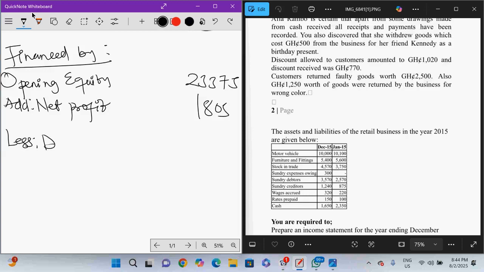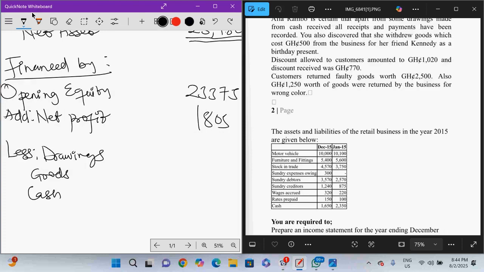There are two: cash drawings and goods drawings. The goods drawings was 500.